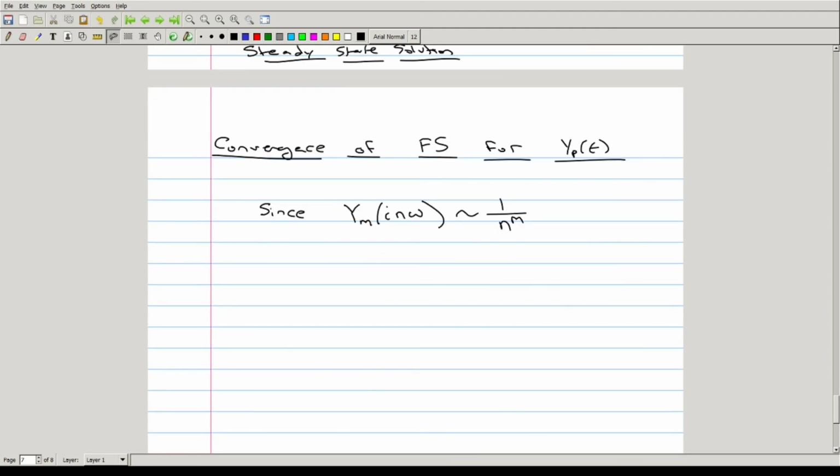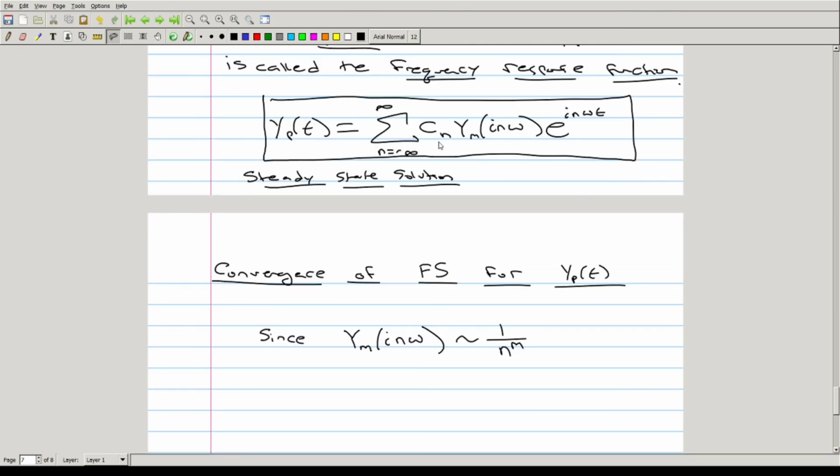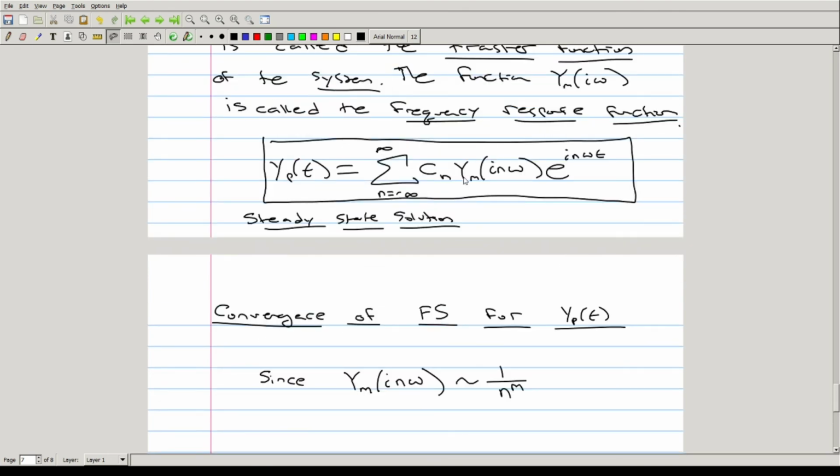So since Y_m of i n omega is a polynomial and it's on the order of n to the m, the Fourier series of our solution right here actually converges faster than the Fourier series for the input.